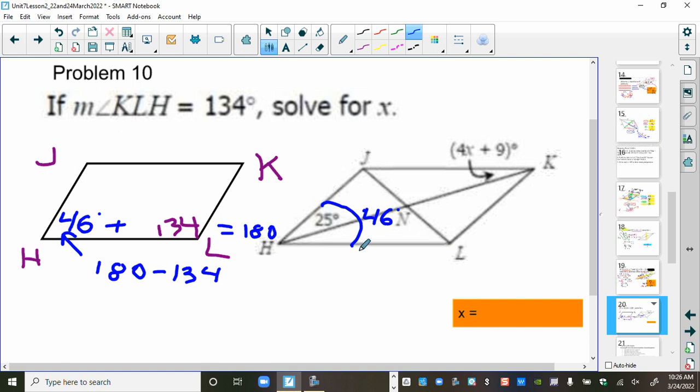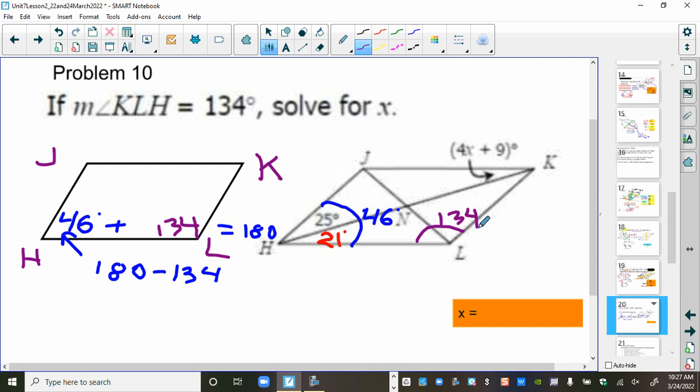So from here all the way to here is 46. Say again, it's 21. The little part is 21. This entire part, so they told us KLH, the entire part, was 134. Bingo! That's a winner. You got that right.